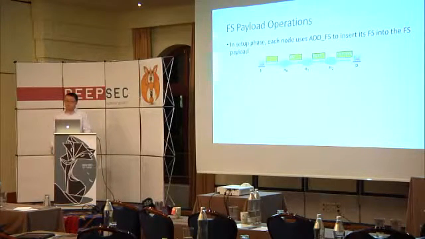To give you a flavor of how these two data structures work, let me first use an FS payload operation as an example. Recall that each node will insert its forwarding segment into the FS payload in the packet during the setup phase. The operation used here is called addFS. Here, let us assume node 0 will insert its FS0 into the FS payload by using the addFS operation.